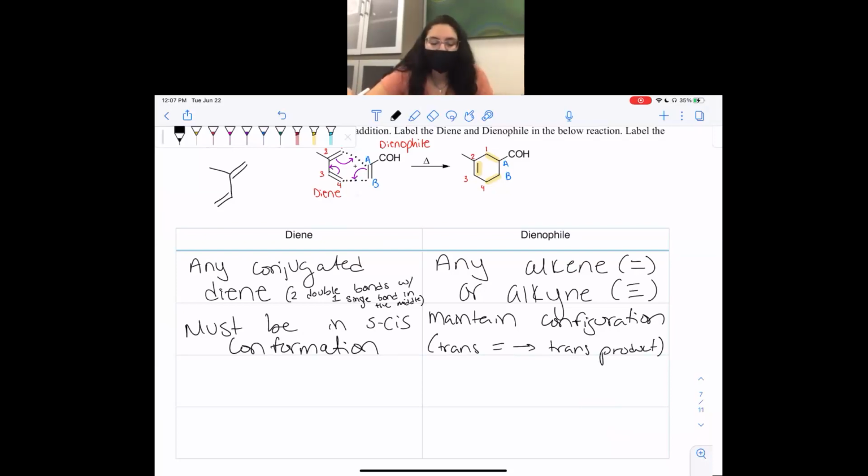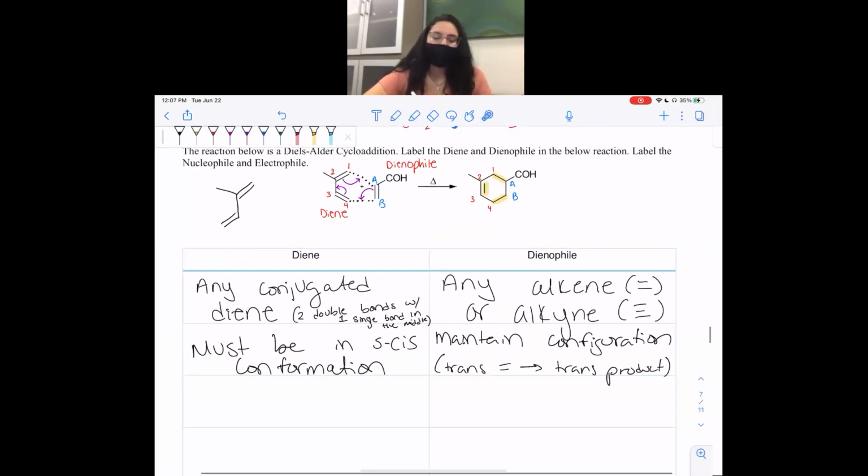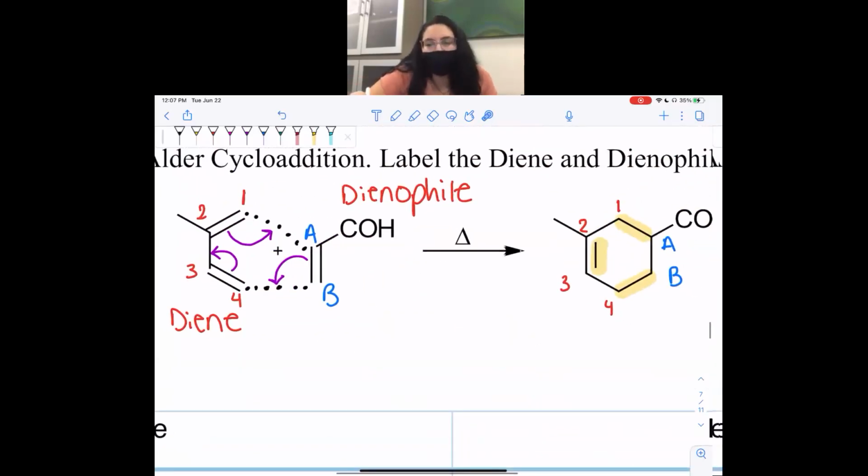All right, so based on what I told you about this reaction and how it goes, which one do we think is the nucleophile? Let's keep in mind the nucleophile is the one that does the attacking. Someone said none of them? Both?